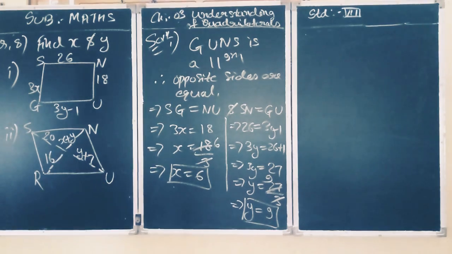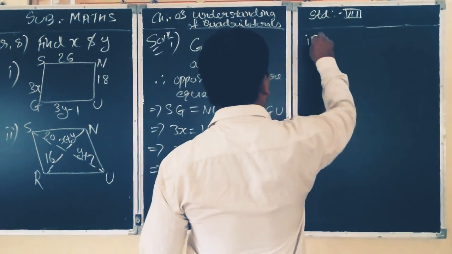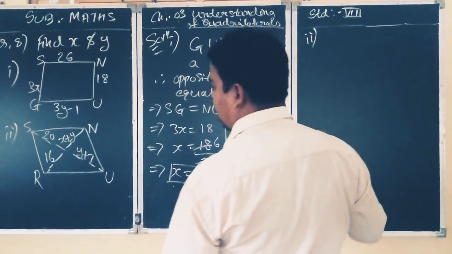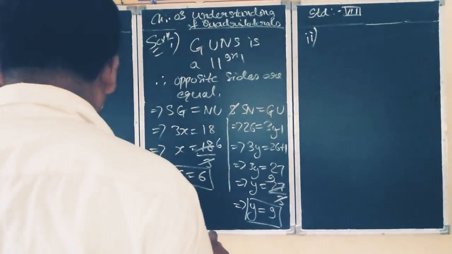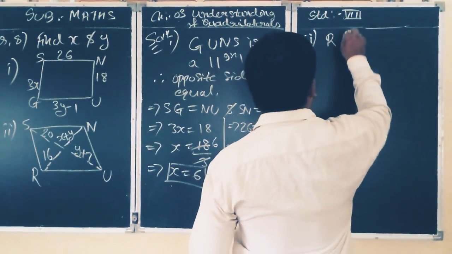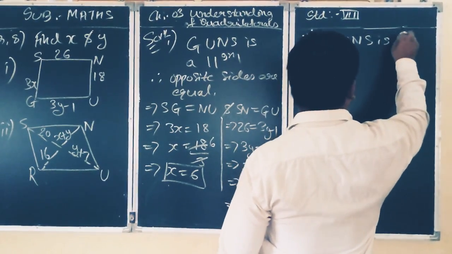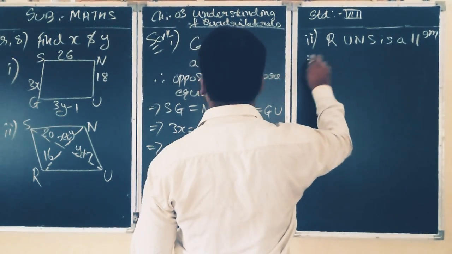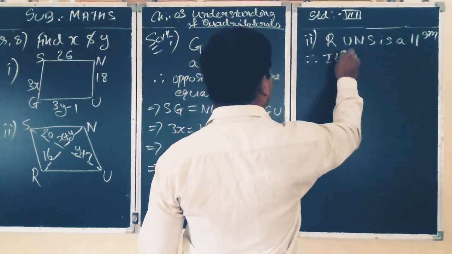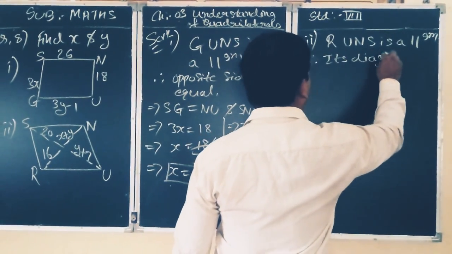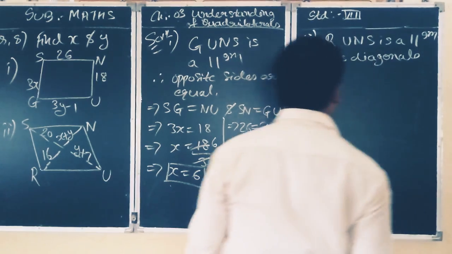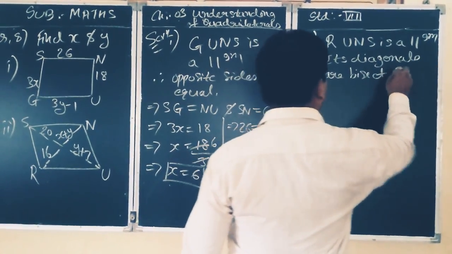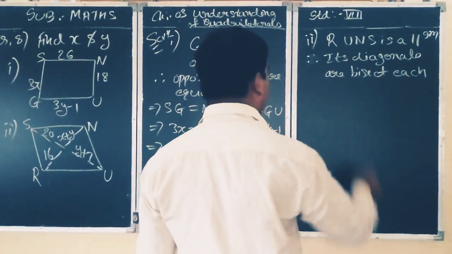Same, we see in the next question. RUNS is a parallelogram, so its diagonals bisect each other.